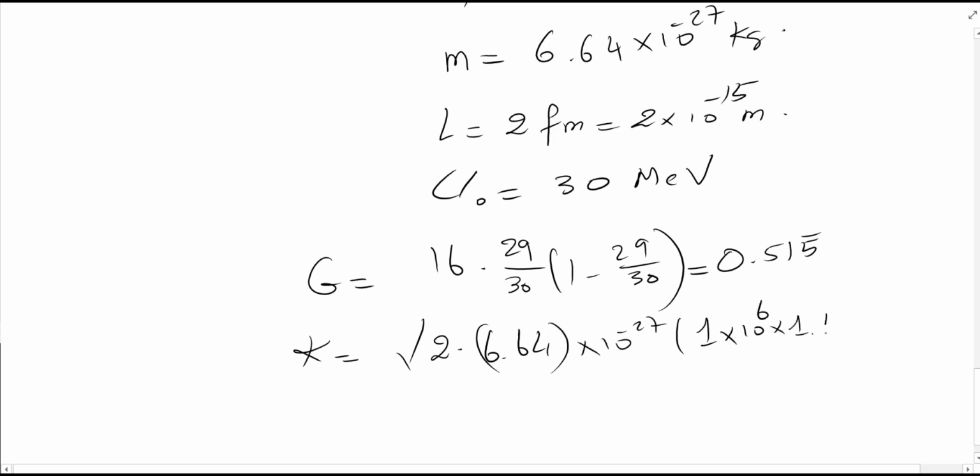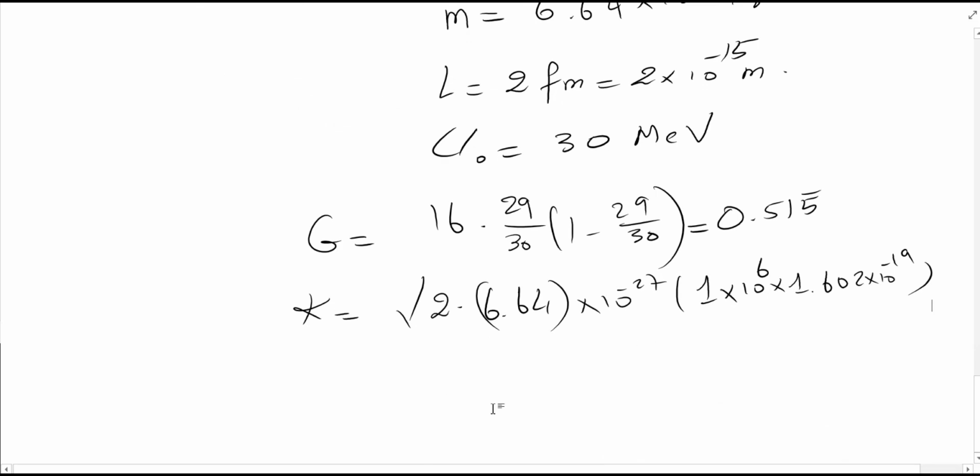So we need to convert this to joules. This is how many joules that 1 MeV gap is. And then times what else do we need in here for kappa? That's it, divided by h bar.